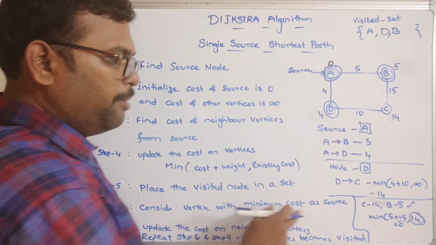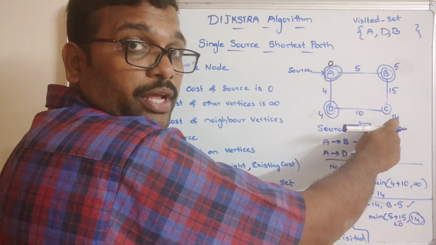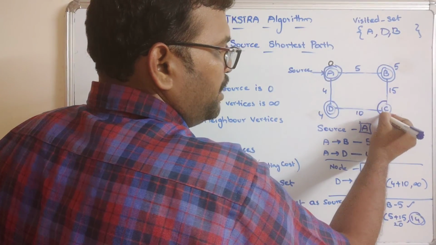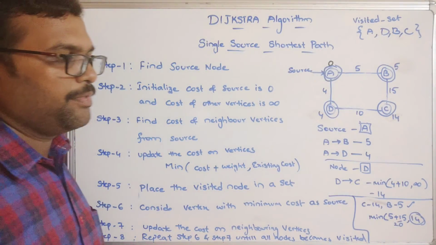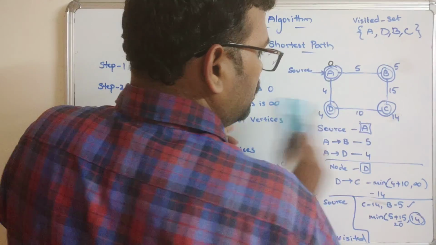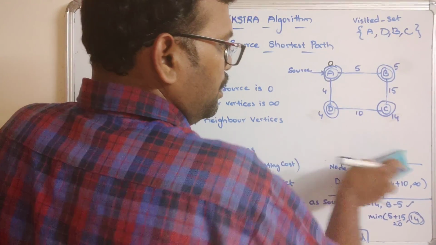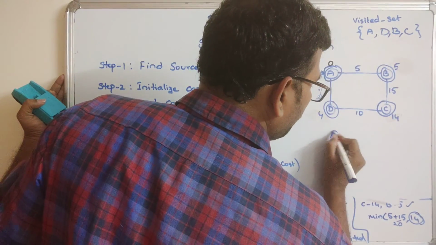Consider a vertex with a minimum cost as source. Only one node is there, that with 14. So consider the same thing and go with this one, right? So what is the order we have done? Simply go with the order. First we have seen A as a source.